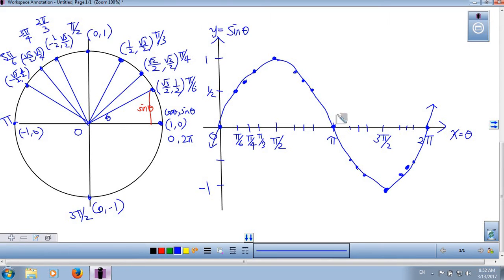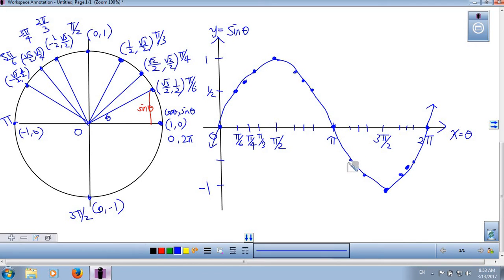So this graph gives you an idea of how the sine value changes as your angle increases from 0 to 2 pi and beyond. This is very important for understanding the sine function and its other applications.